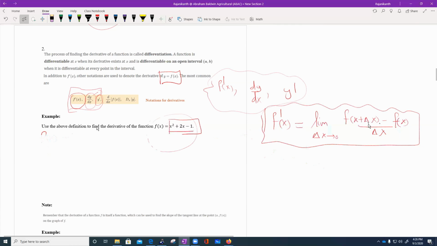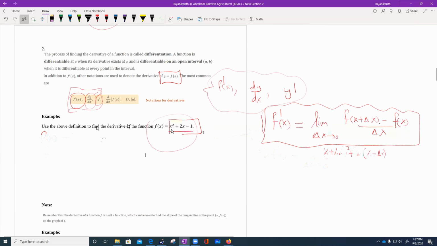Take the f of x function and simply replace x by x plus delta x. First component is x squared, so my x is now x plus delta x, squared. Then plus 2x, so 2 times, now x is replaced by x plus delta x.